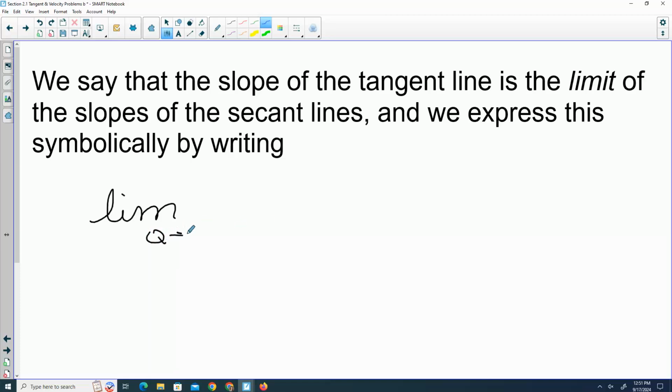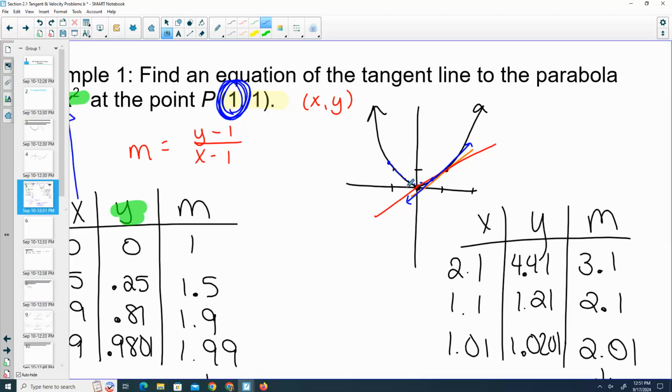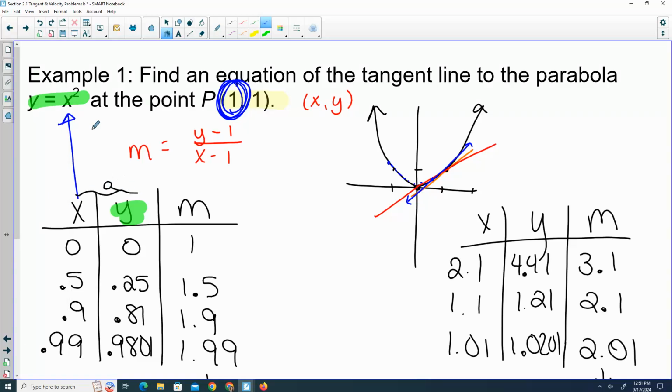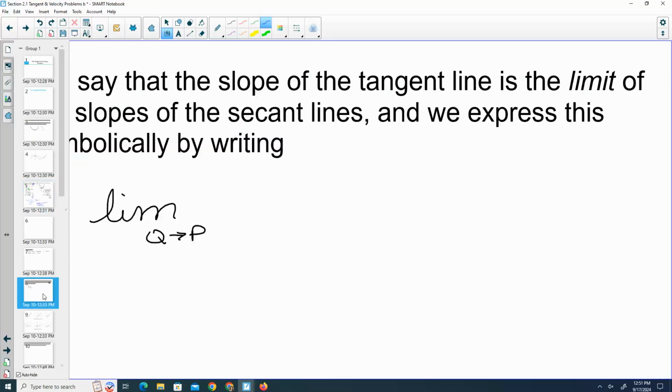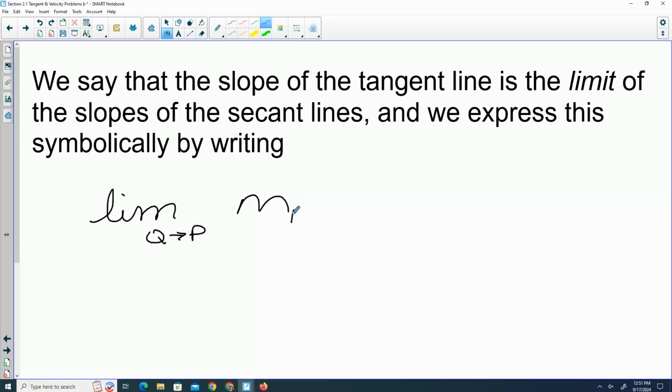I'm going to say as Q approaches P, Q being any other point on this line, so this was like our ordered pair Q, approaching point P. So as those 2 points were getting closer to one another, the limit of our slope between them was equal to N. Okay, so we'll see this notation a lot more, so if it's a little confusing right now, don't freak out. But limit stands for limit as my 2 points were getting closer to one another. The slopes between those points was approaching the slope of our tangent line.